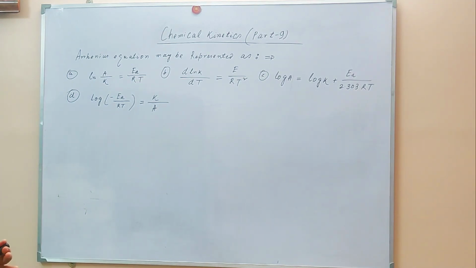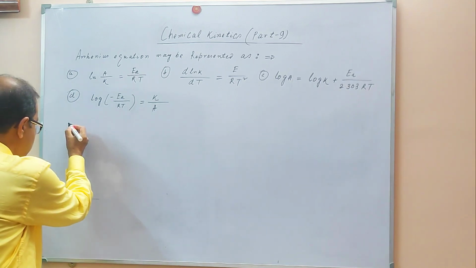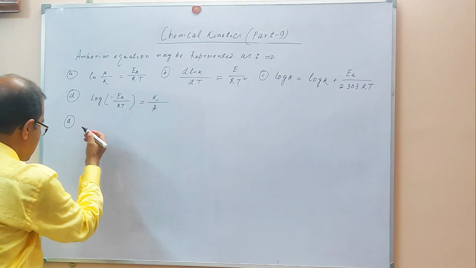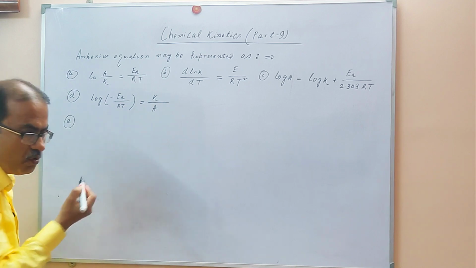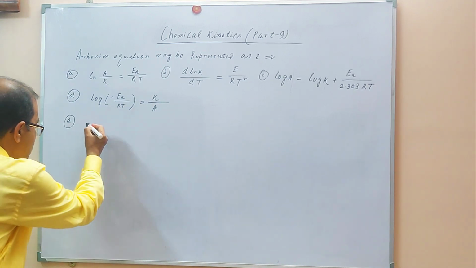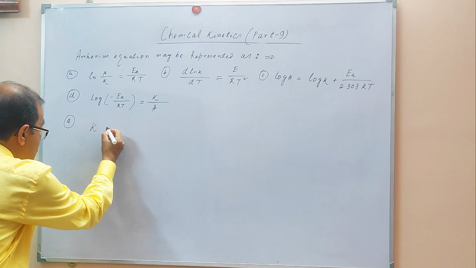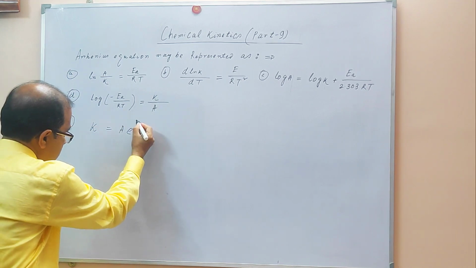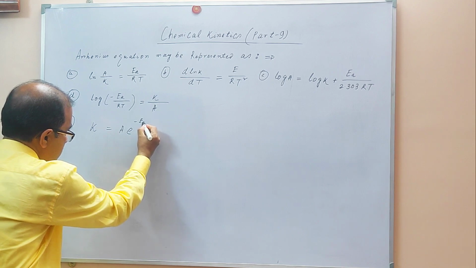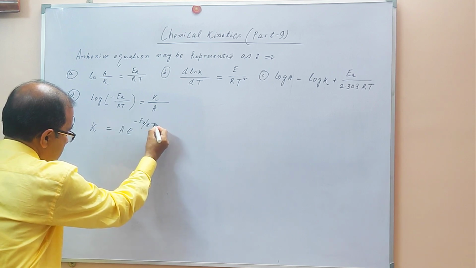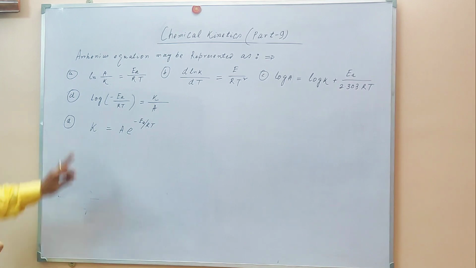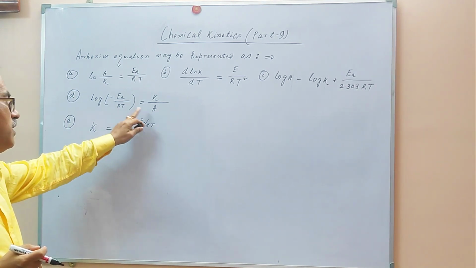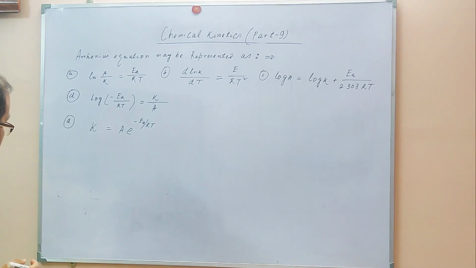Okay. Now you see, that is the first one. Now we know the basic Arrhenius equation: rate constant k is equal to A e to the power minus EA by RT. K is the rate constant, A is the pre-exponential factor, and this is the exponent, EA by RT.